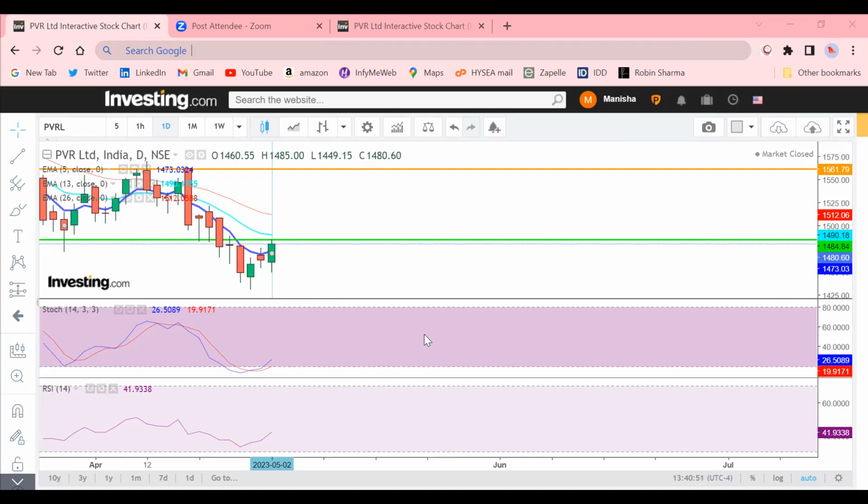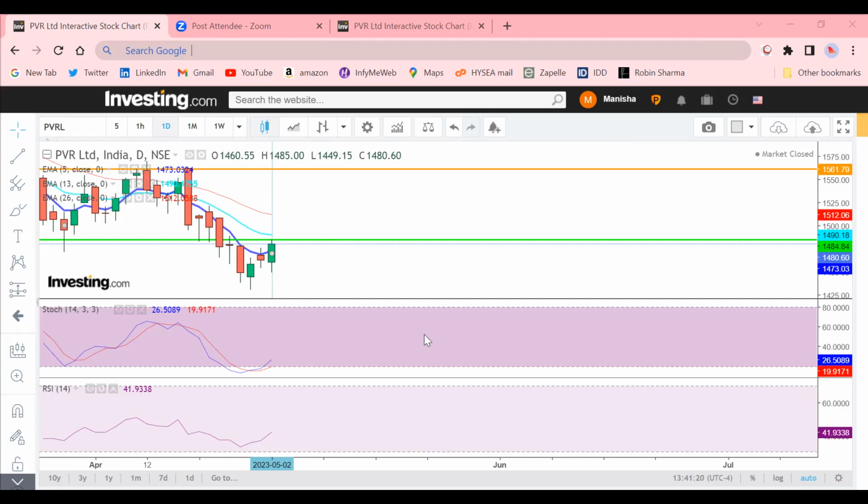Whatever upper line you have marked, that is 1561 resistance. That will be your first target. And by selecting a similar resistance, we can also decide the second target. So the first target price is of course 1561.